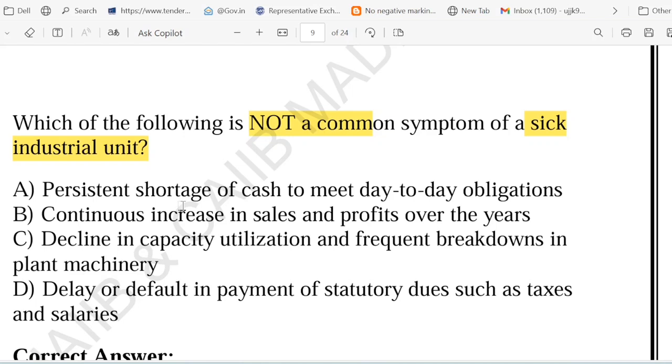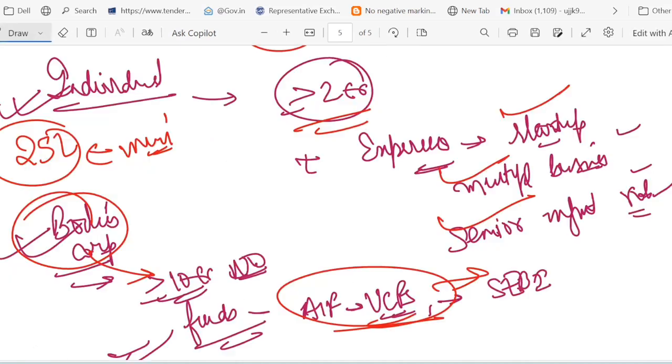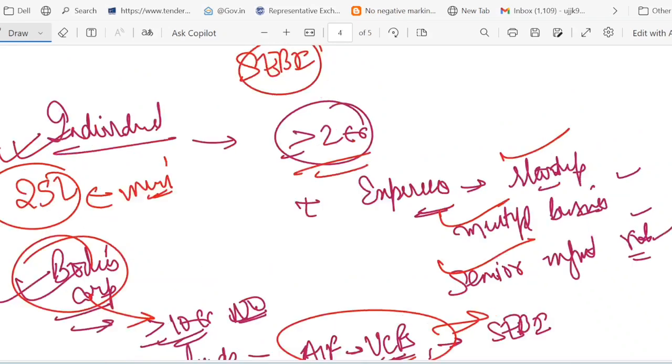So let's start with option A. It says persistent shortage of cash. This is definitely a symptom of sickness. Let me illustrate this point here, very important from the examination point of view. Suppose there is a company and this company is always short of cash.